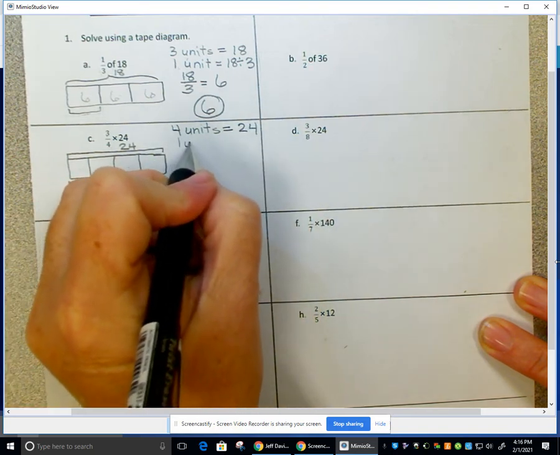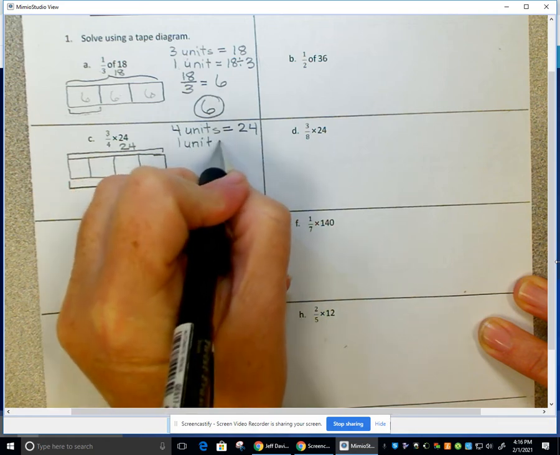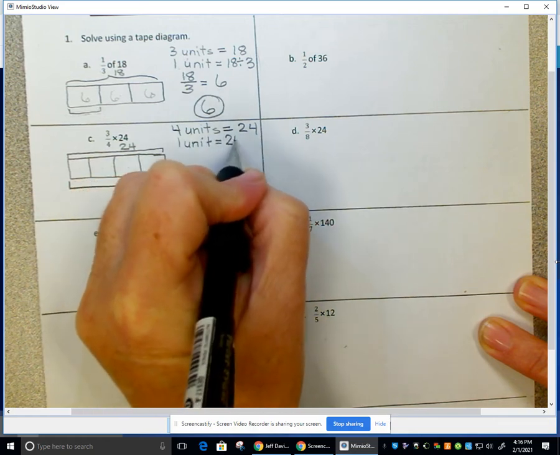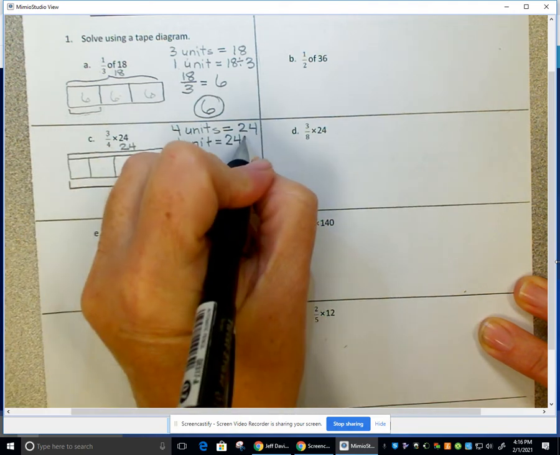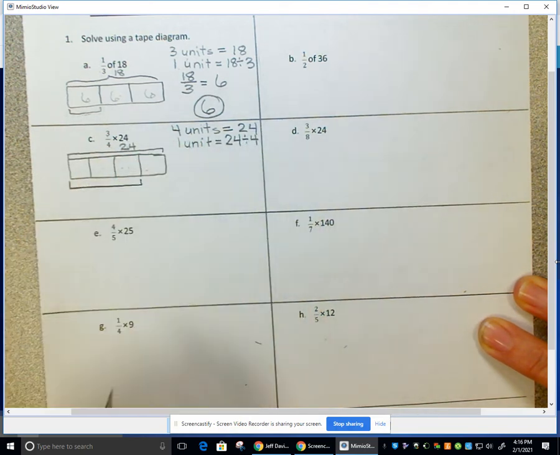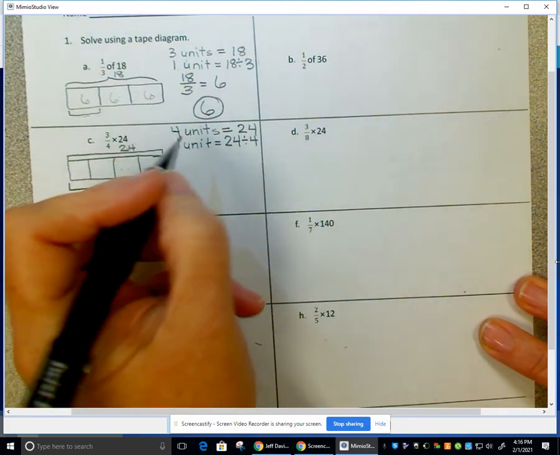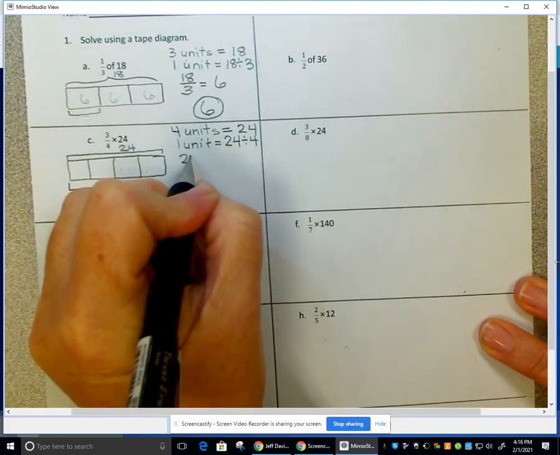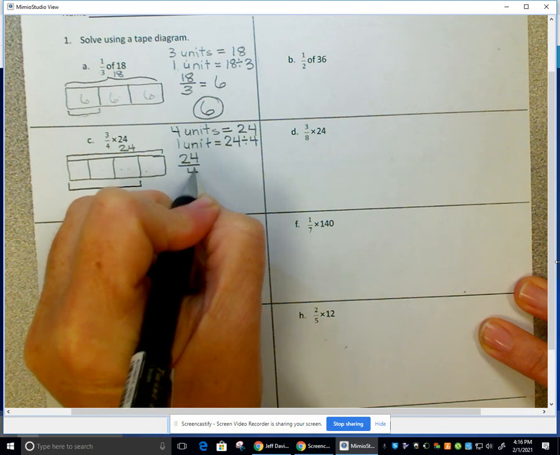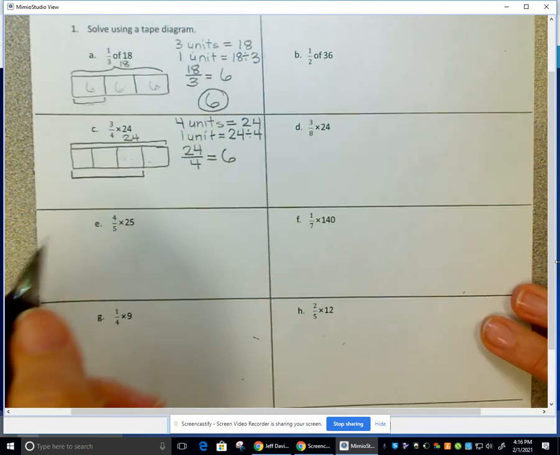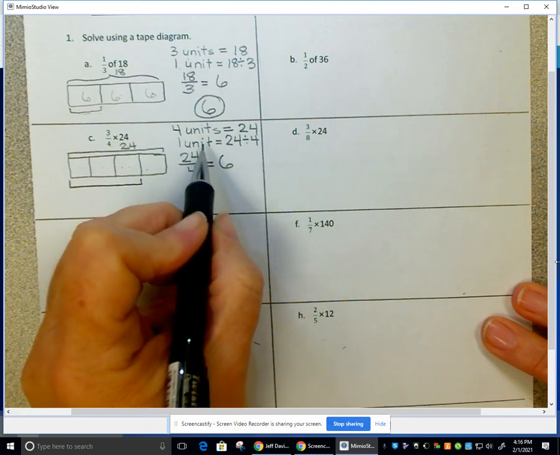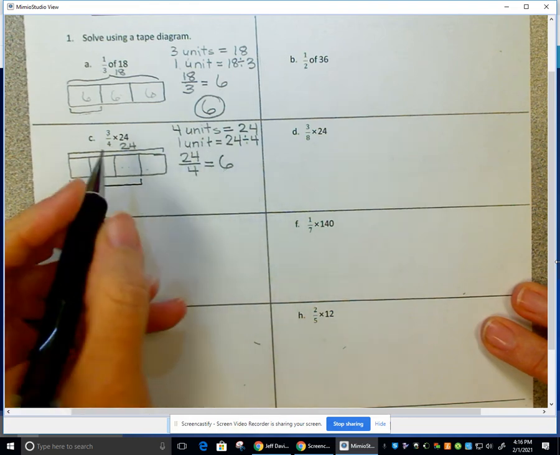So 1 unit would equal 24, the whole, divided by the number of groups. 24 divided by 4. So if I stack this, 24 divided by 4, that's going to equal 6. So this is telling me that 1 unit equals 6.